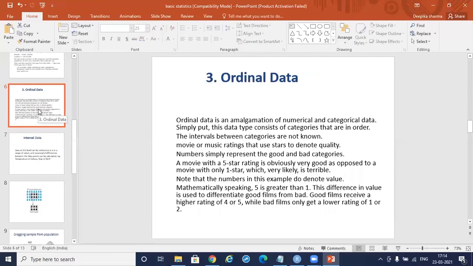Now coming to one more type of data, ordinal data. What is ordinal data? Ordinal data is, for example, the rating we give after using a particular product. Suppose one is purchasing anything from Amazon. Once you have purchased, you rate the services 1, 2, 3, 4, 5, or there is a 5-star rating.